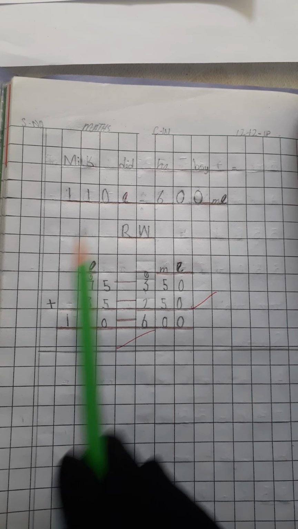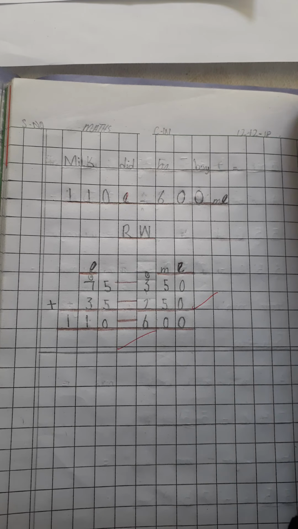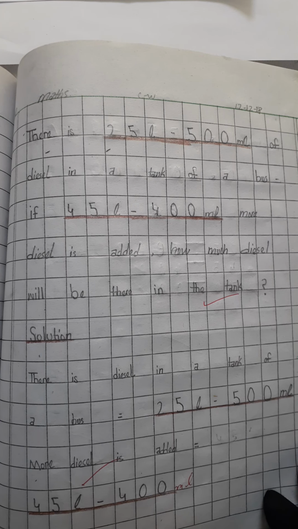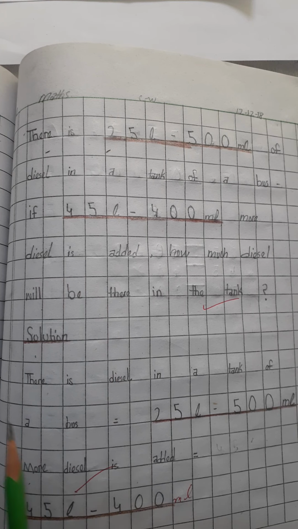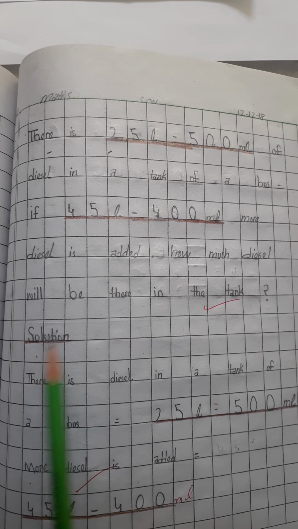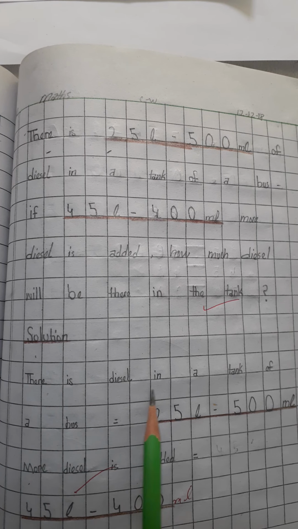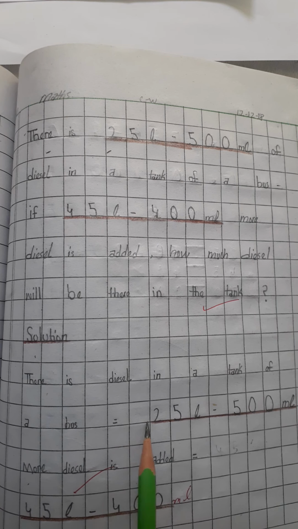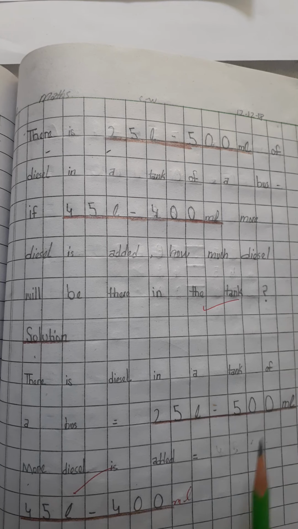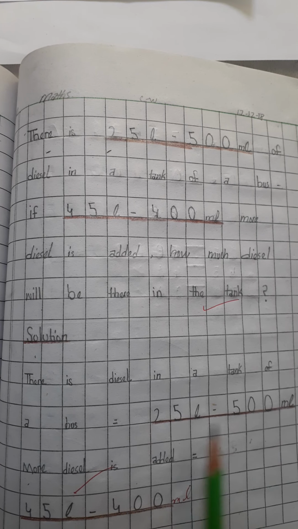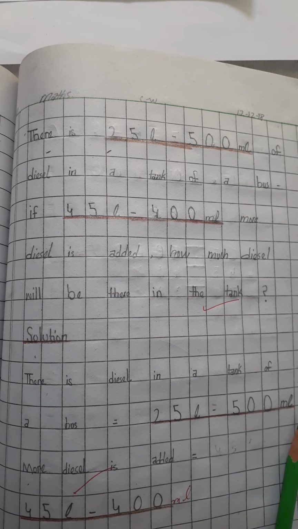Clear? Same like this, question number 6. Look at question number 6. You give the heading of solution. Write: there is diesel in the tank of a bus. You copy the sentence from here. And you write 25 liter, 500 milliliter.